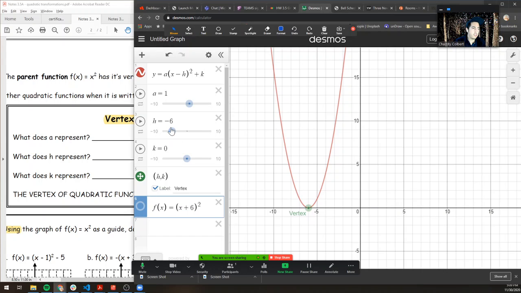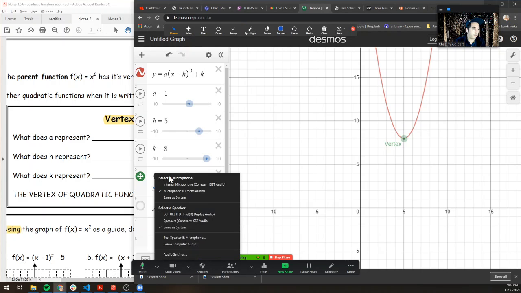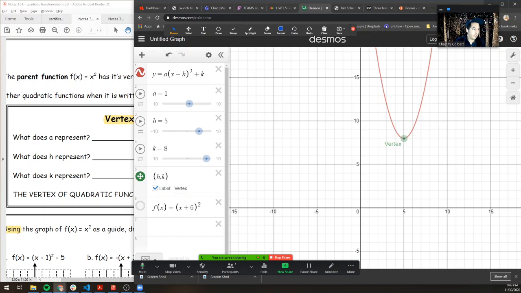But for the most part, where h is kind of opposite of what you think, k is exactly what you think. If k is 1 or 3, it moves up 3. k just moves it up, right? So if k is 7 or 8, then it's just going to move 8. That's all it is there. This graph here, if I was to graph it, h is 5, so it's going to be x minus 5.